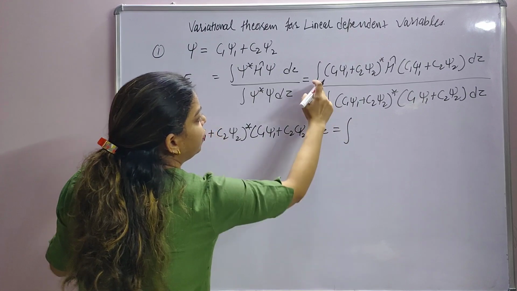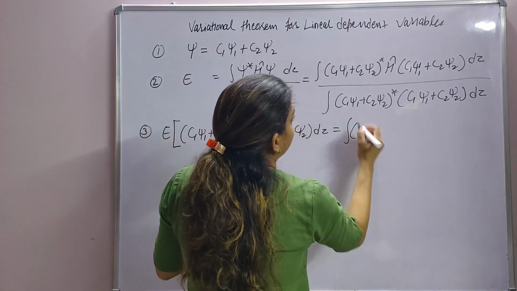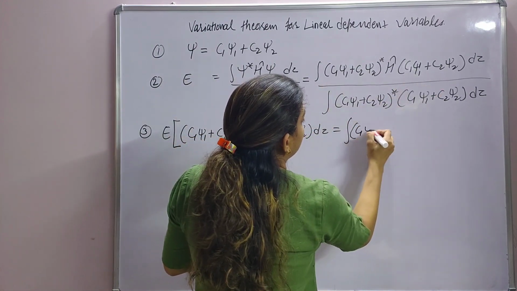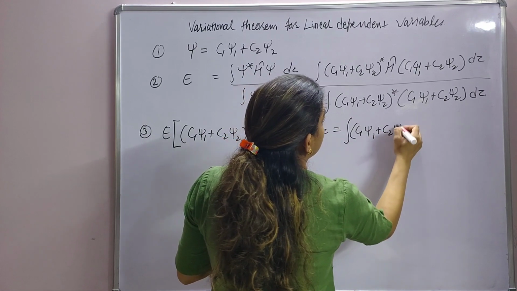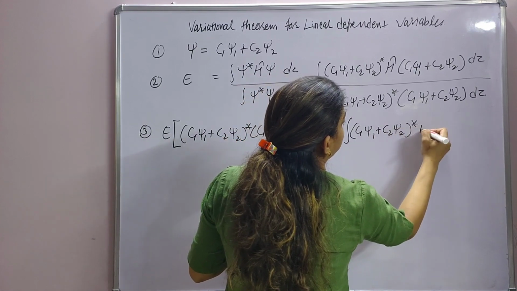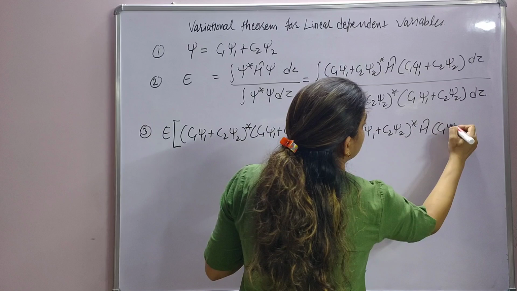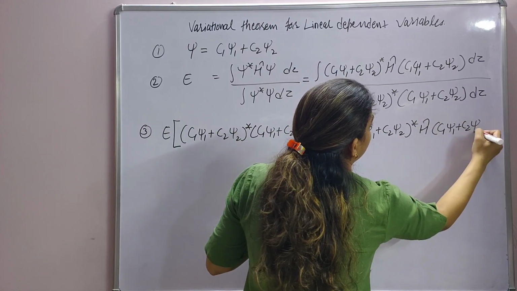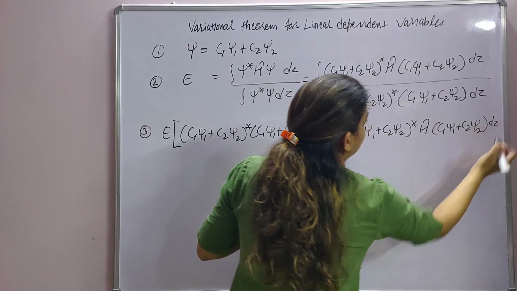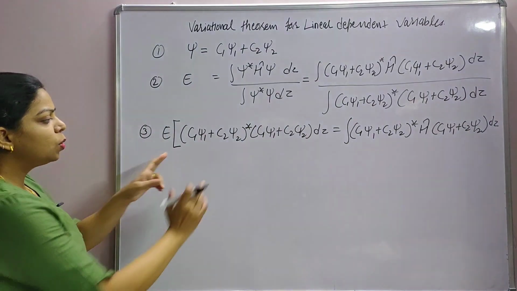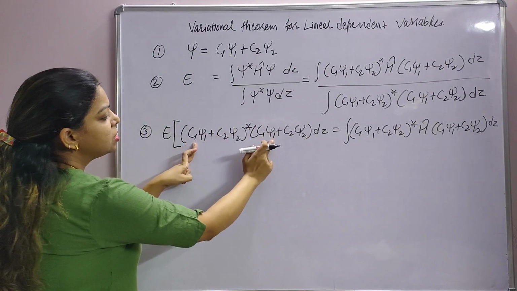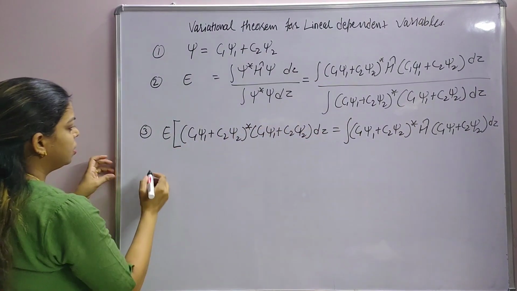On the other side we have the entire given term. Now multiply these terms and simplify it.